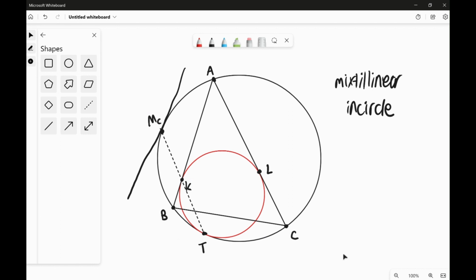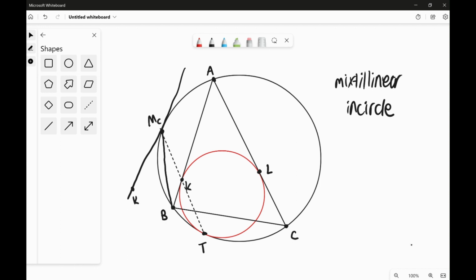So how can we go ahead and show that this tangent is parallel to this? Well, it should be kind of obvious from here that the tangent at the midpoint is parallel to AB, but I'll go ahead and give the proof for completeness. So suppose we have a point K here.